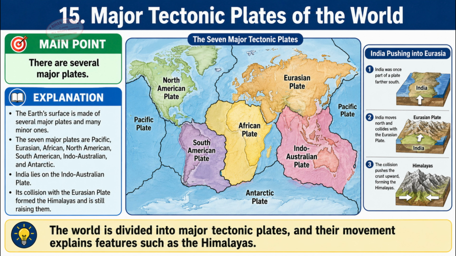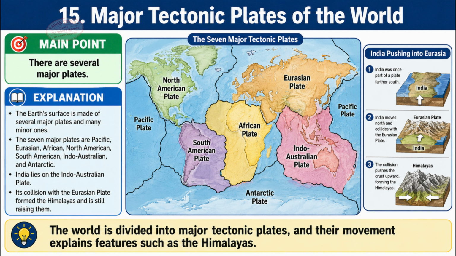Major tectonic plates of the world. There are several major plates: Pacific, Eurasian, African, North American, South American, Indo-Australian, and Antarctic plates. The Earth's surface is made of several major plates plus many smaller minor ones.